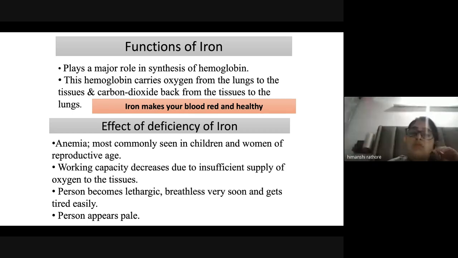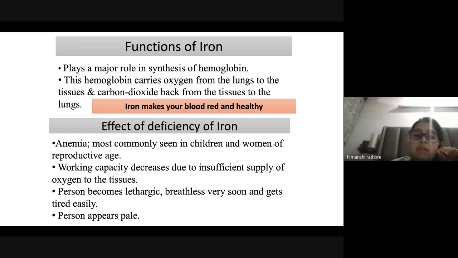Their growth is not like that of a normal child, their height is not normal, and their weight is not maintained. Their blood is not healthy, there is a lack of blood inside the body, and they become pale in color. The deficiency is commonly seen in children and women. Adolescent girls are also prone to this anemia.